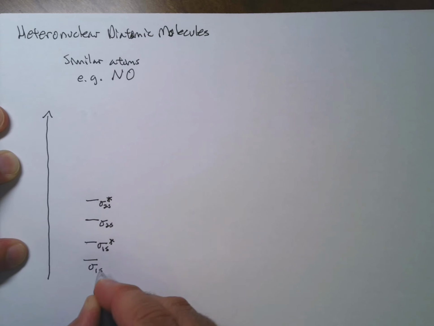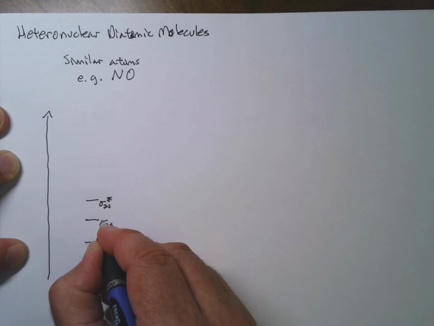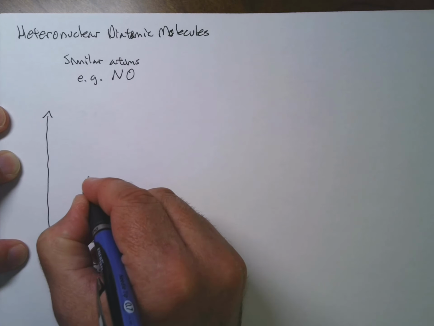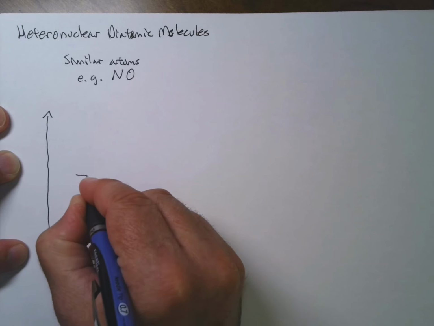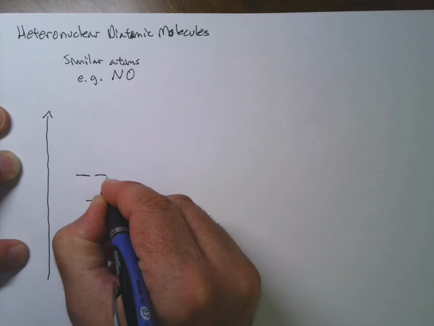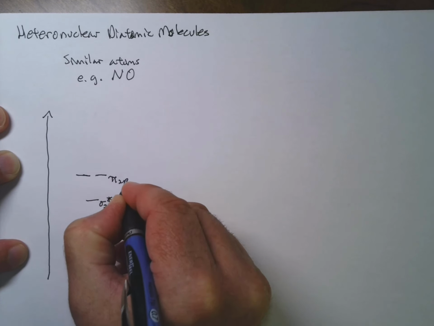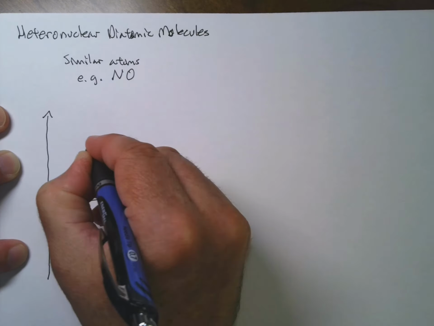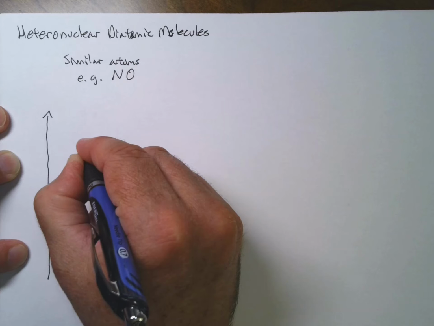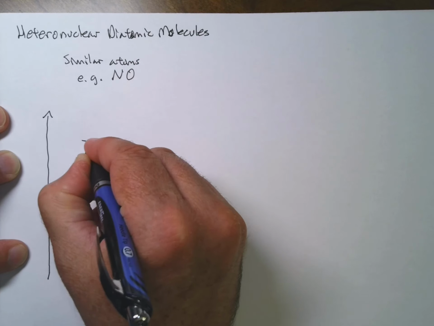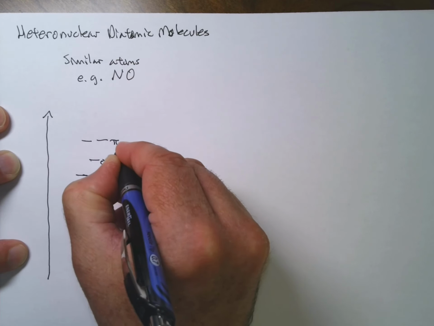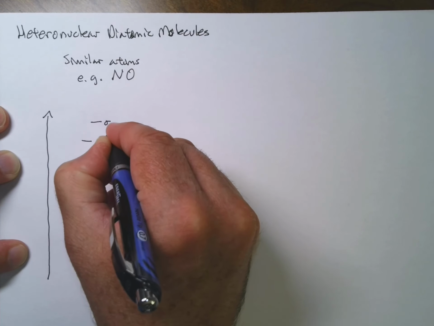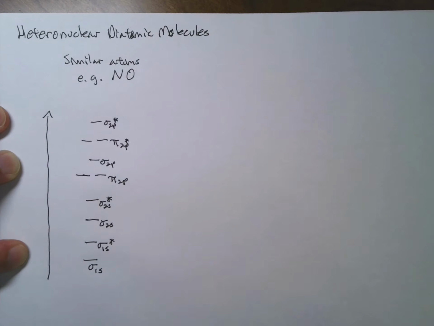So I've got my sigma 1s, sigma 1s star, sigma 2s, sigma 2s star, and then we'll have the sp mixing, or ps mixing. So we have our pi 2p, sigma 2p, and then pi 2p star, and then sigma 2p star.